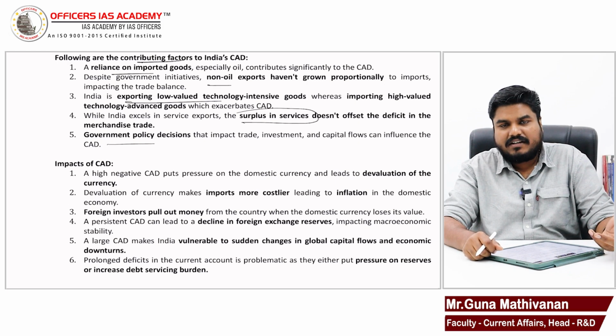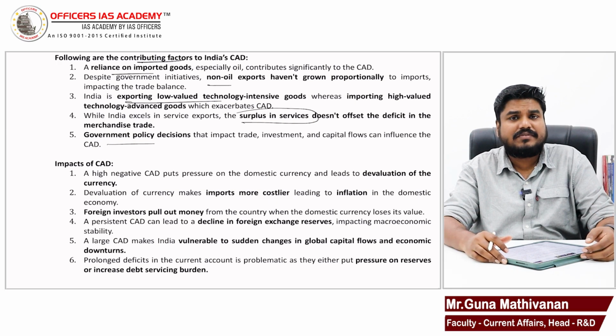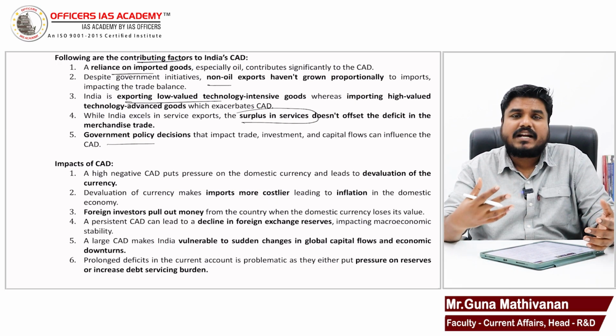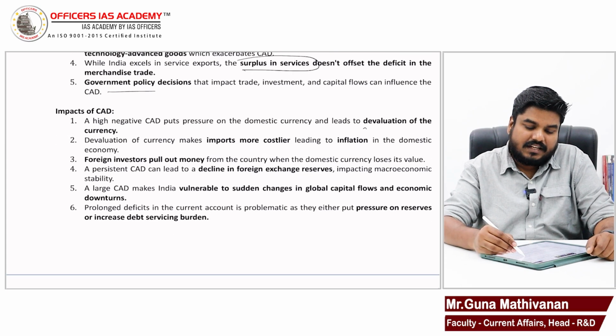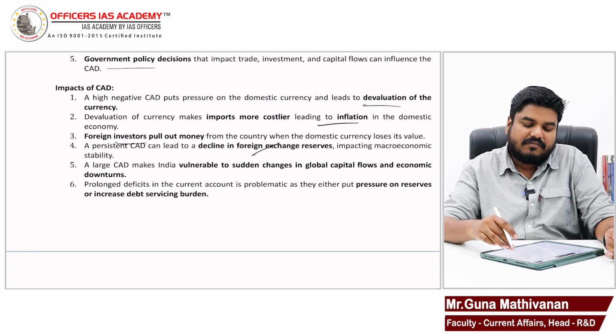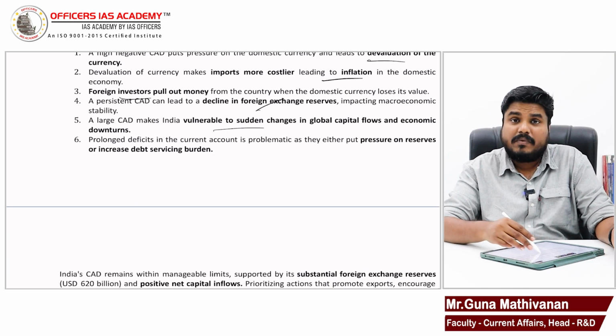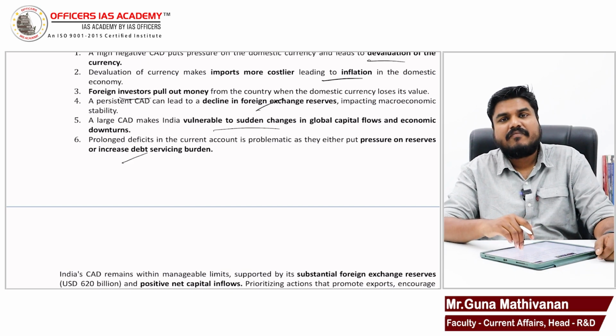We have already signed 13 FTAs and are trying to sign some more. We are trying to improve the special economic zones. However, this proactiveness should further increase to address the problem. Then look at the impacts: devaluation, inflation, foreign investors might pull out money, decline in forex reserves, global capital inflows and outflows will be affected, and increasing debt servicing burden.